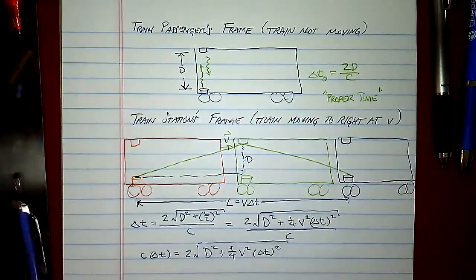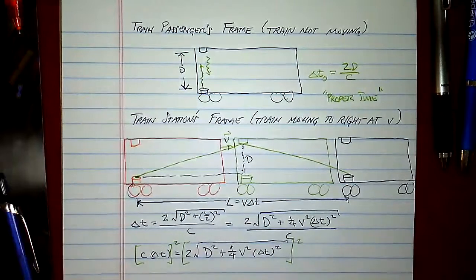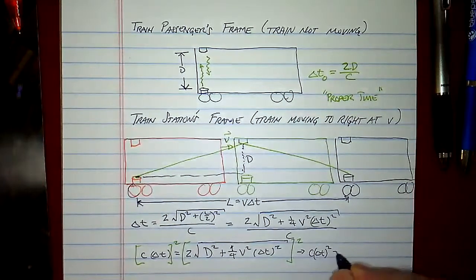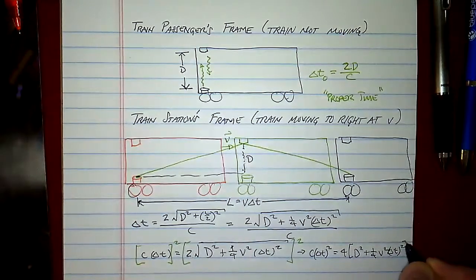Now I'm going to square both sides. So I'll raise this to the 2 power, and I'll raise this to the 2 power, and I'll get c delta t squared is equal to 4 times d squared plus 1/4 v squared delta t squared.